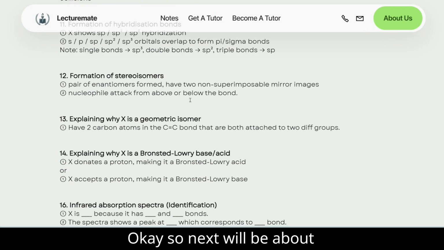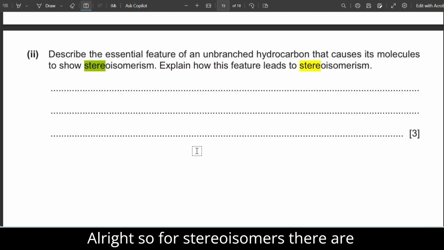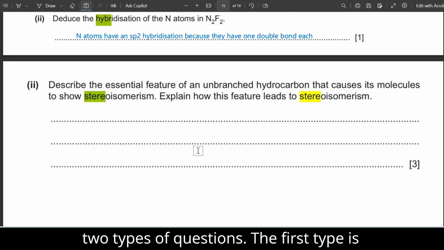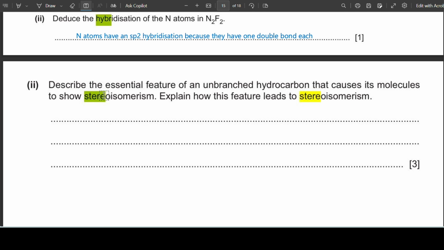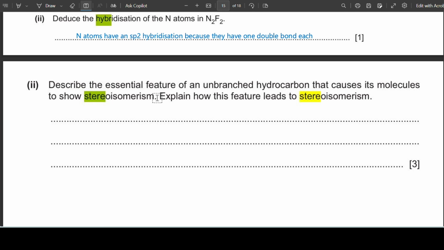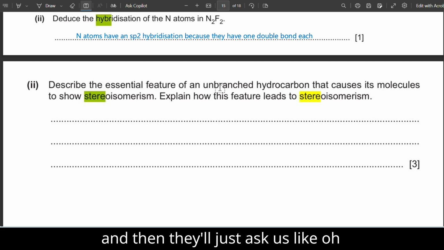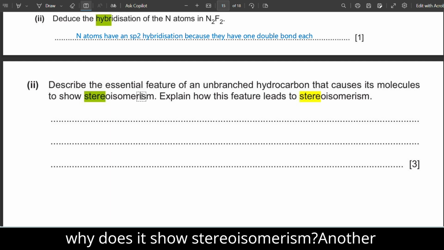Okay, so next will be about stereoisomers. Alright, so with stereoisomers, there are two types of questions. The first type is where they'll just give us something, like in this case an unbranched hydrocarbon, and then they'll ask us, why does it show stereoisomerism?